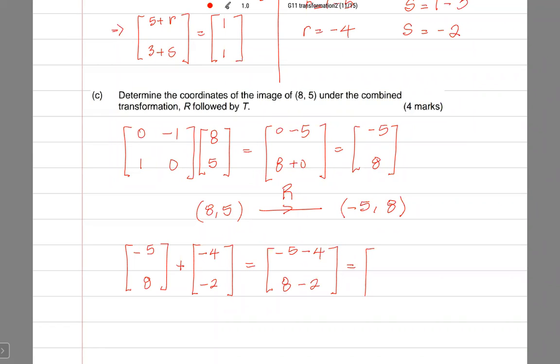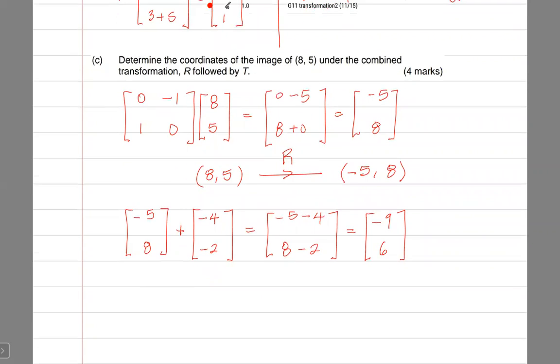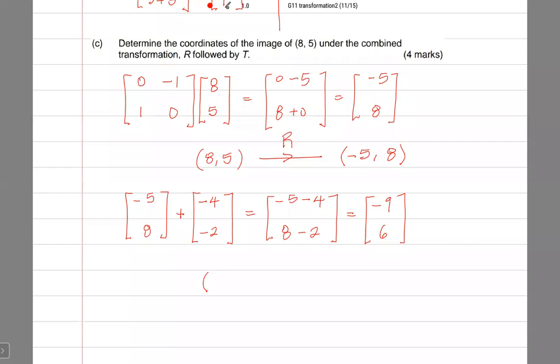So this becomes minus 9, positive 6. If the signs are the same, you add and keep the sign. So the point minus 5, 8 under T becomes the point minus 9, 6.